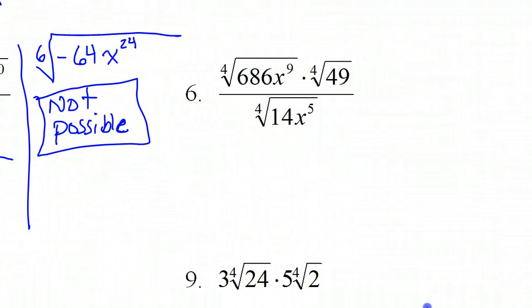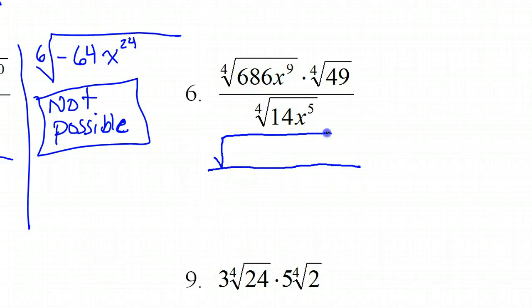Number 6. 4th root, 4th root, 4th root, 4th root. That means we can do the multiplication and division. So here we go. 4th root, I say. So 686 times 49.